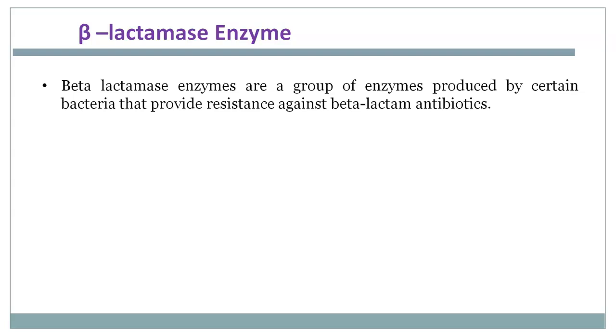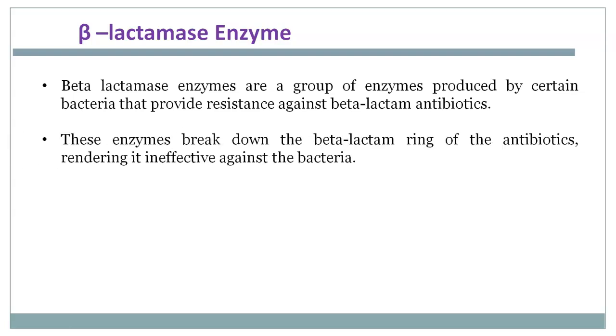So beta-lactamase enzymes are a group of enzymes produced by certain bacteria that provide resistance against beta-lactam antibiotics. These enzymes break down the beta-lactam ring of the antibiotics, rendering them ineffective against the bacteria.